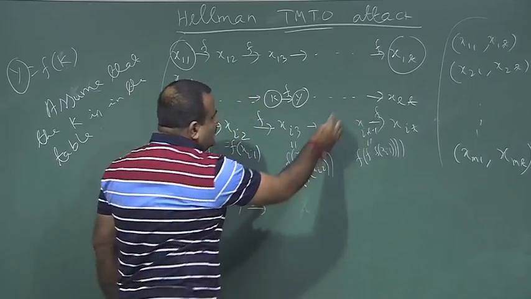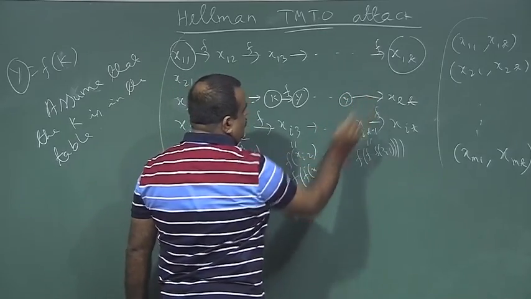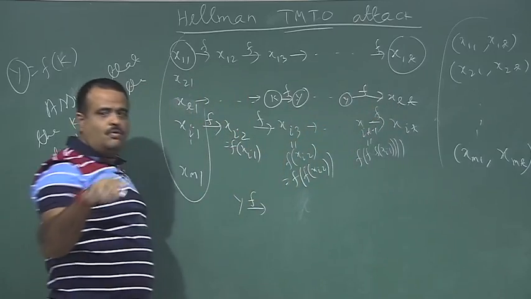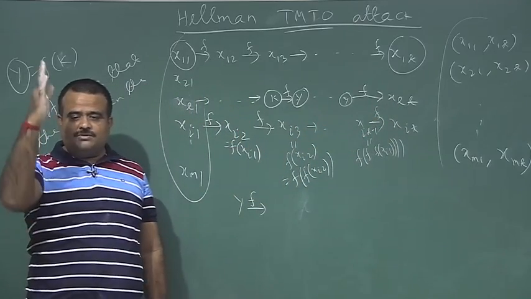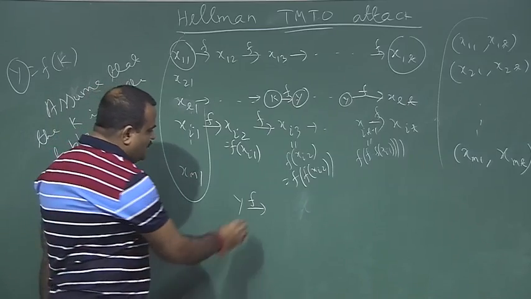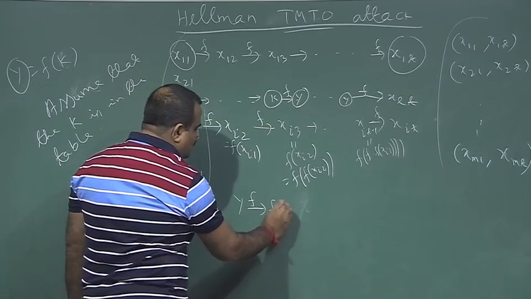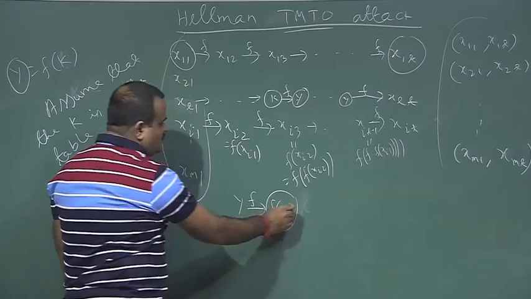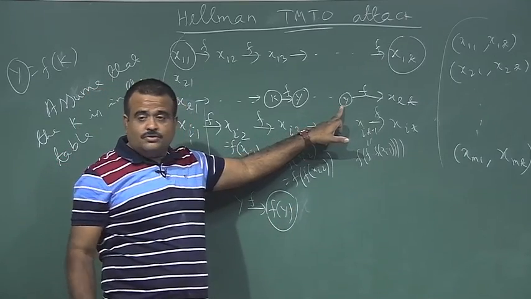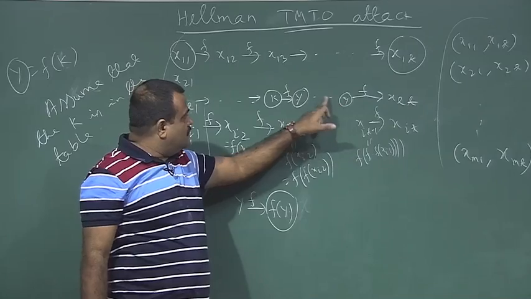So, suppose y is here, then we apply f on it and we first check whether y is matching with the endpoints or not, by binary search. If not, we apply f on y and we check whether this is matching with the endpoints or not. If this is matching, then y must be here, because we do not know the position of y.